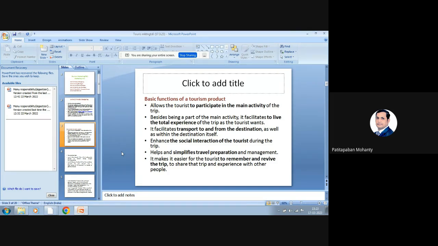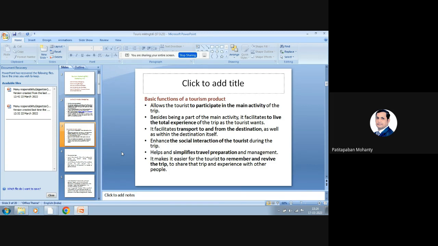So the tourist always wants to have indulgence among the product and services, because the tourist is paying for that product and services, so he or she wants to derive some experience, so that he or she can remember it for a lifetime. So that's why the products should always give the experience.